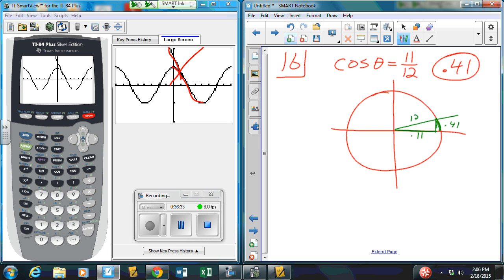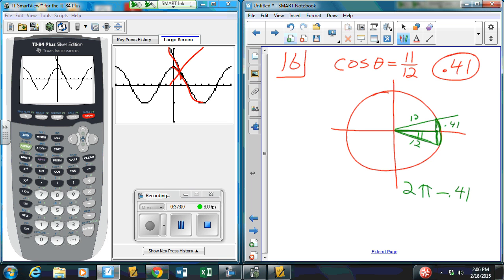Where else is going to have an x value of positive 11? Which quadrant? The fourth quadrant, yeah. So if we come down right here, you're going to go over 11 and then down whatever, but you know your r value is 12. So how do I find this angle of rotation right here? Subtract it from 2 pi, yeah, because it's 2 pi, go all the way around, minus 0.41.